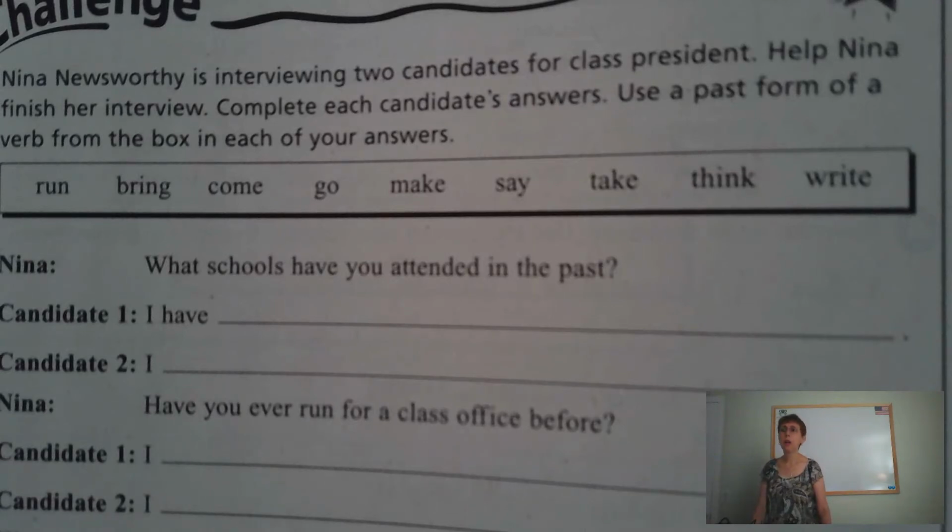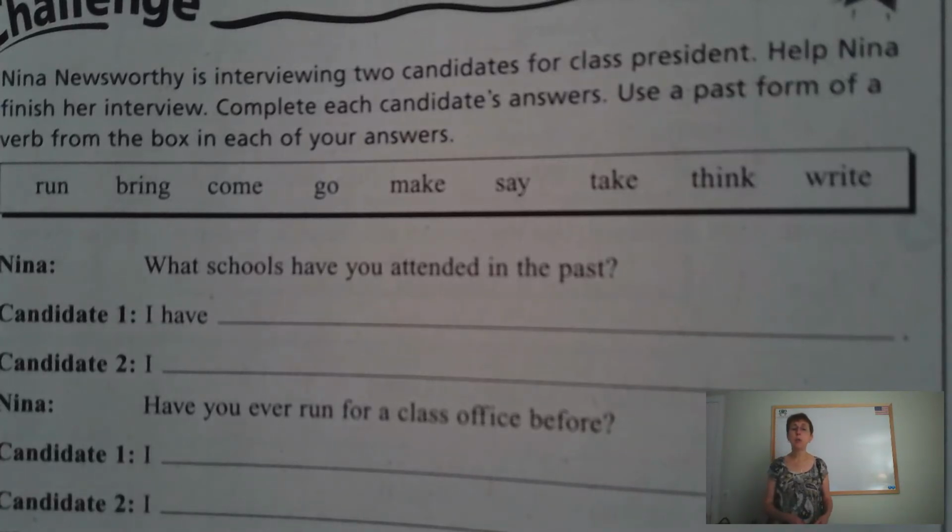No. Where have you attended school in the past? I have gone to, and then a name of a school. And again, you can make up the names of the schools and all that. That's fine. And number two, there's no helping verb, so you would have to use I went.